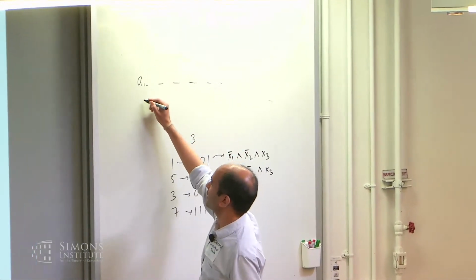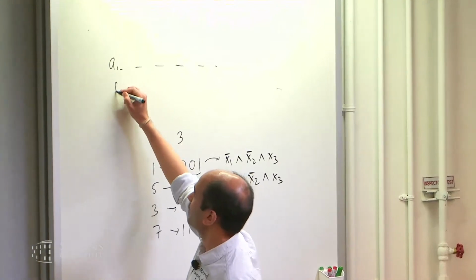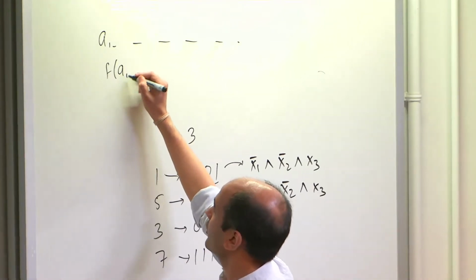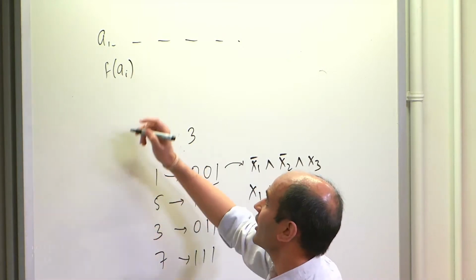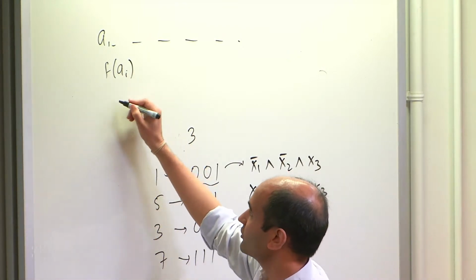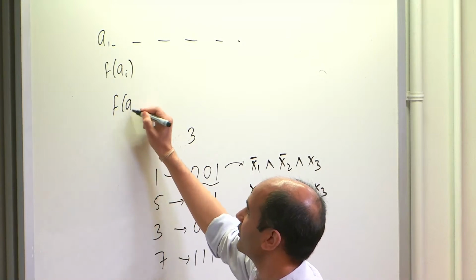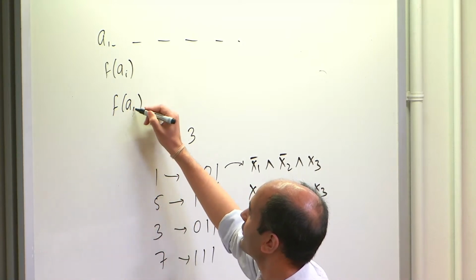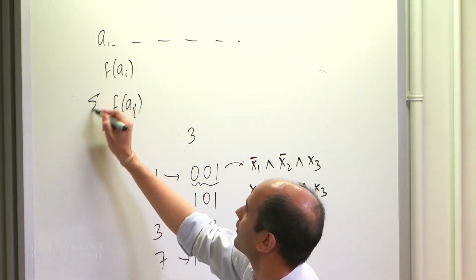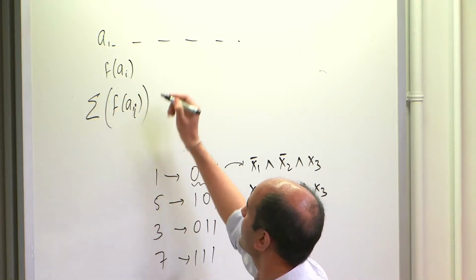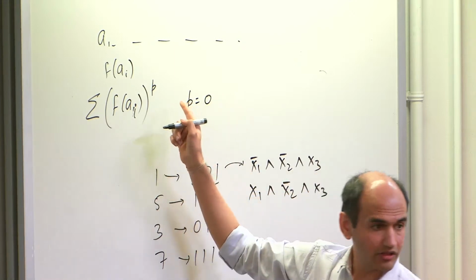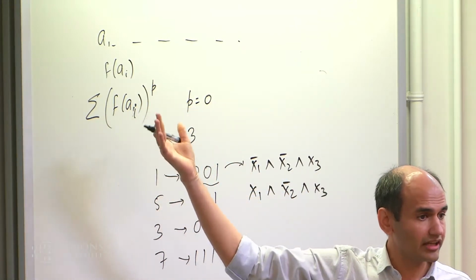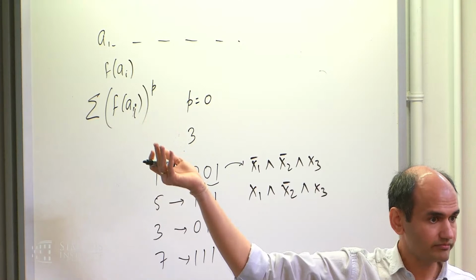For every element in the domain, I can talk about the frequency of each element. When p is equal to 0, it's really all the elements whose frequency is non-zero.